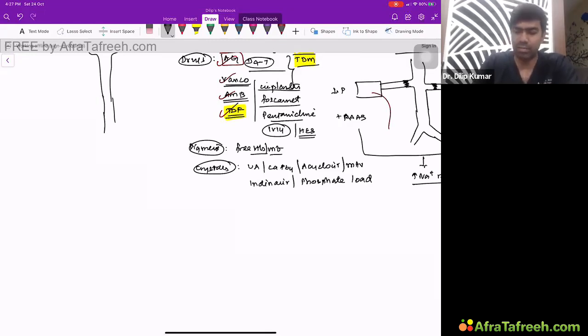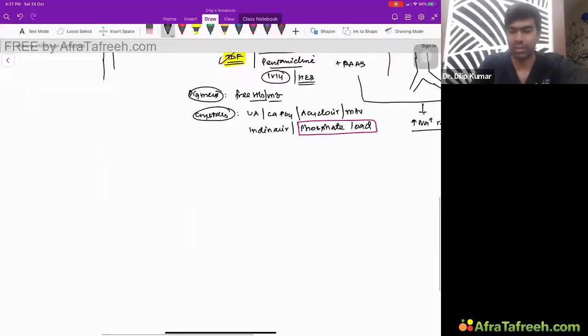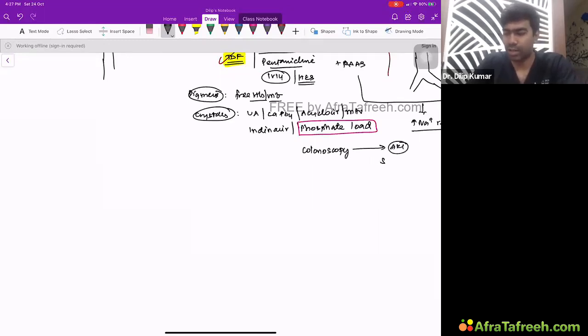And in exam, a very notorious question is this phosphate load. Very notoriously they will ask in exam, phosphate load causing phosphate nephropathy. So usually the history they will give in exam is that the patient has gone for colonoscopy. It's a completely unrelated history, isn't it? After colonoscopy, the patient will develop AKI, and the serum creatinine is 6.4.